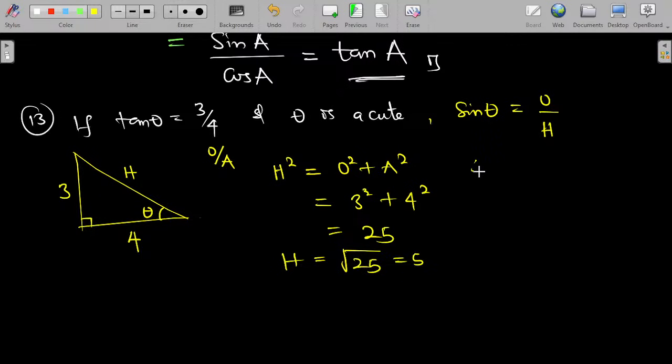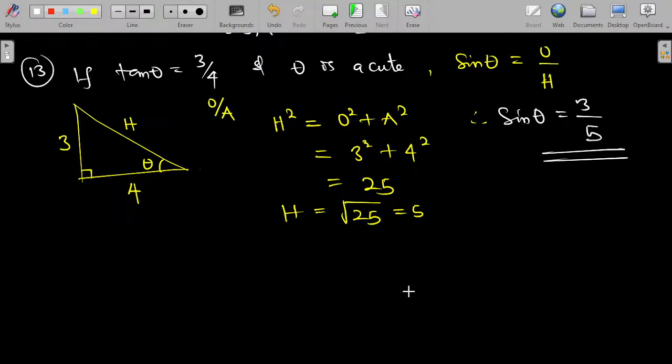Therefore, my sine theta is going to be equal to opposite, which is 3, all over hypotenuse, which is 5. And so my answer is 3 over 5. These concepts are very beautiful. I wouldn't want you to walk in any form of confusion, and that's why I'm taking time to give you these explanations.